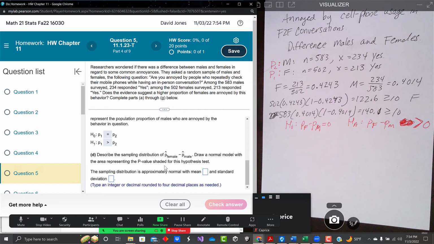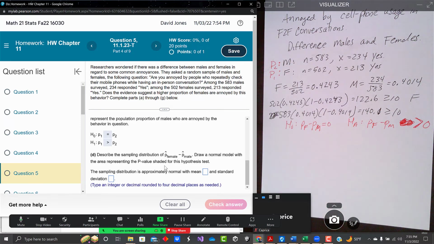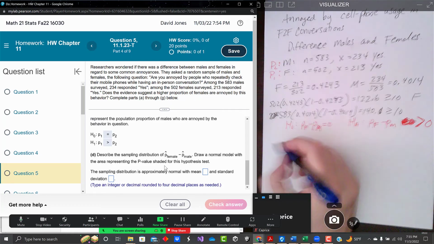So what do we have for these? I'm going to go grab the information. So if you look back through your notes, and I had to because I don't remember this, I remembered mu.